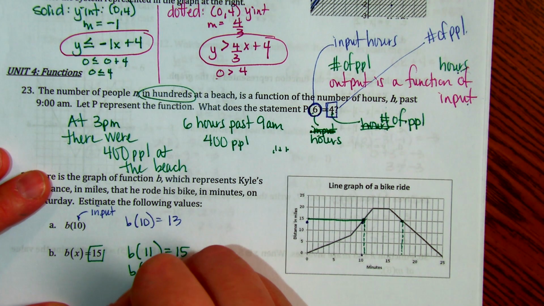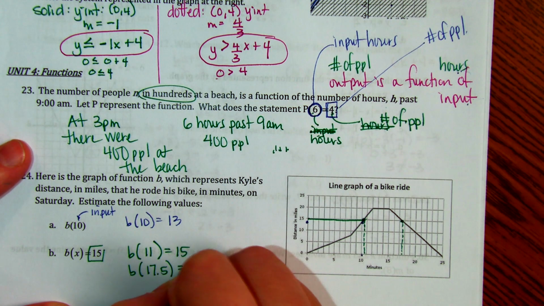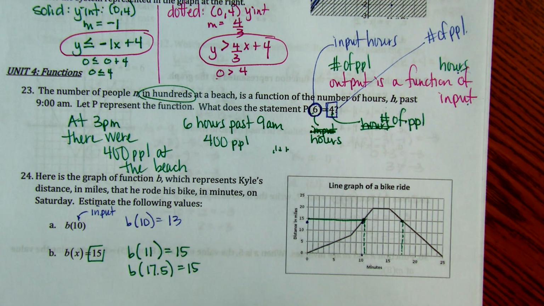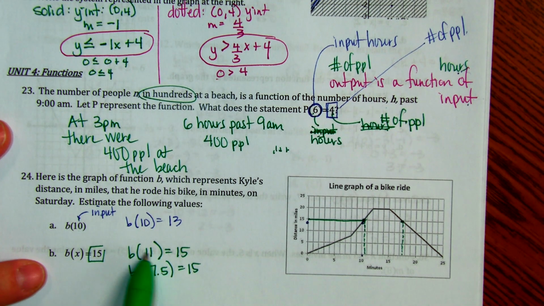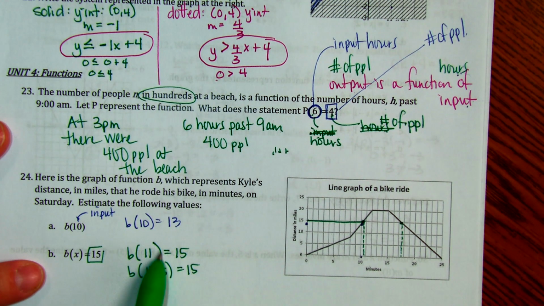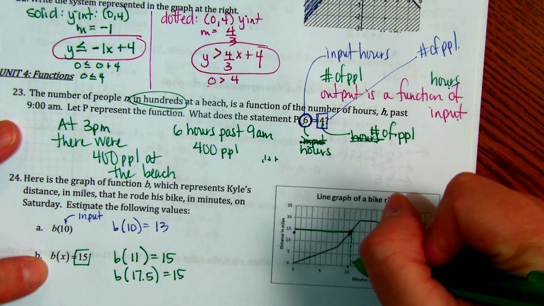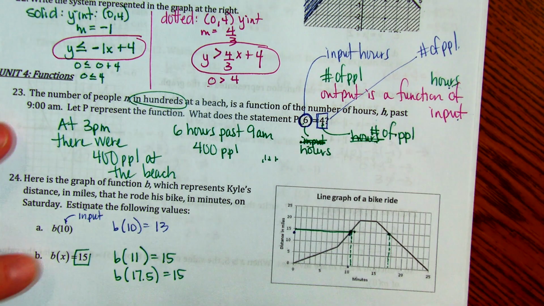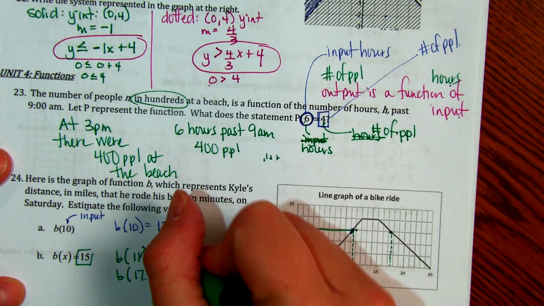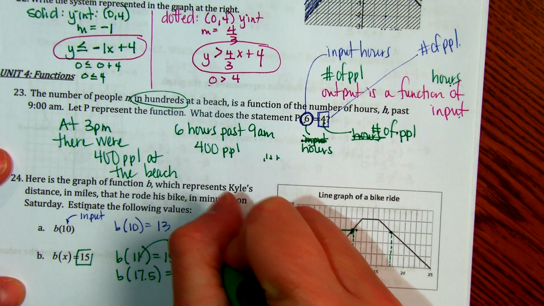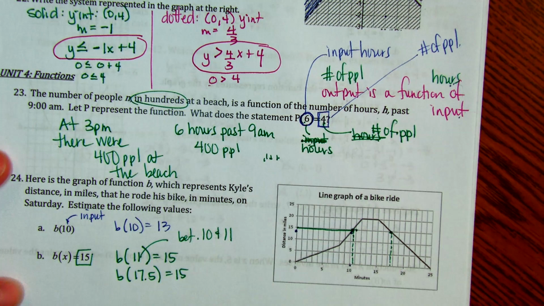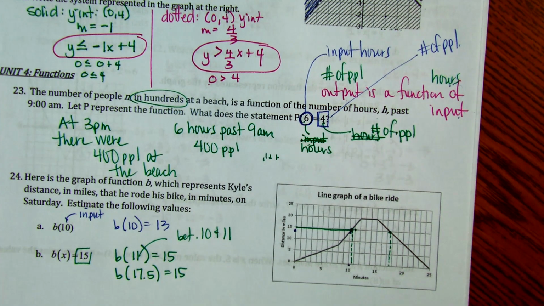Remember, we are estimating. So this number should be between 10 and 11-ish. So this should be between 10 and 11. Okay, and that concludes that page.